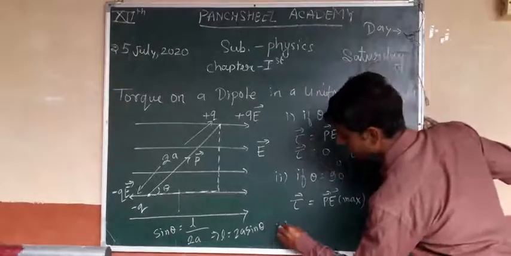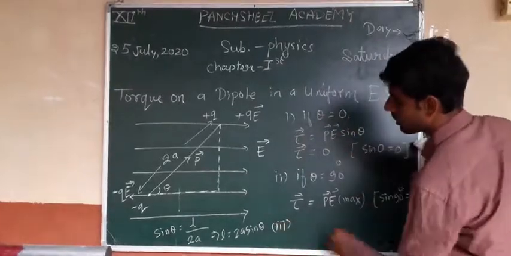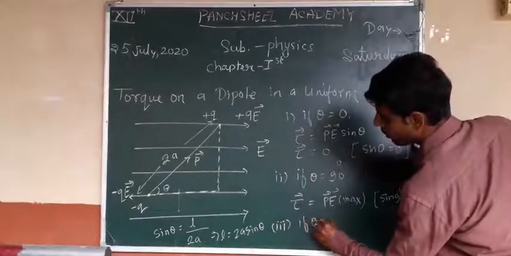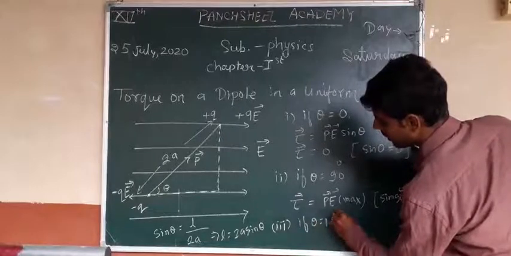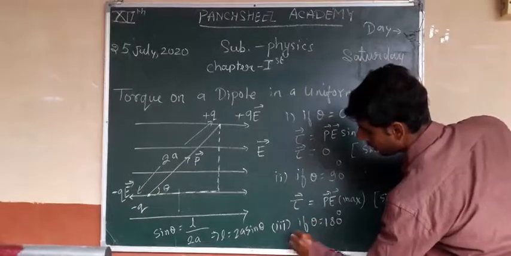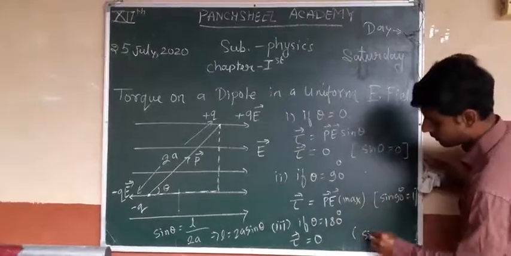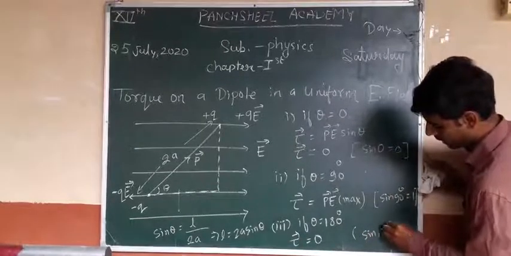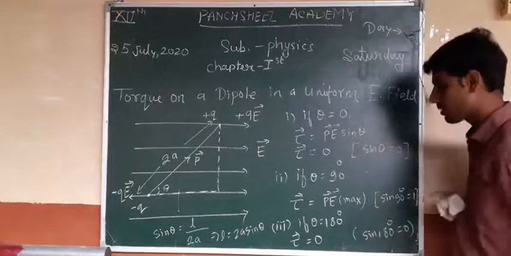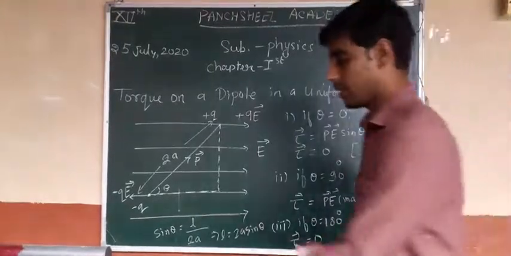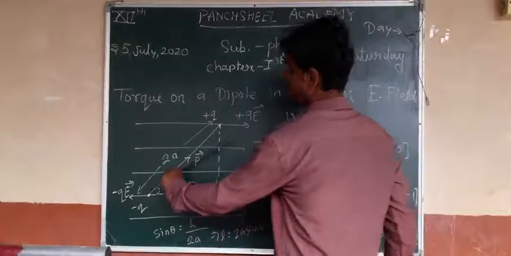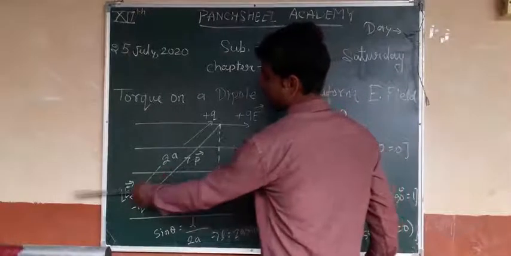And the third condition, if theta equals 180 degrees, then what is torque? Torque will be 0, because sin 180 degrees is also 0. 180 degrees means this P is just opposite to the electric field.